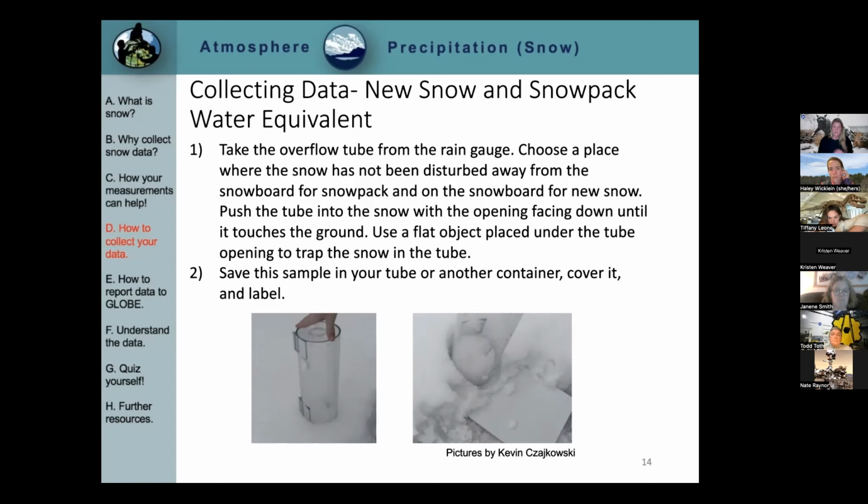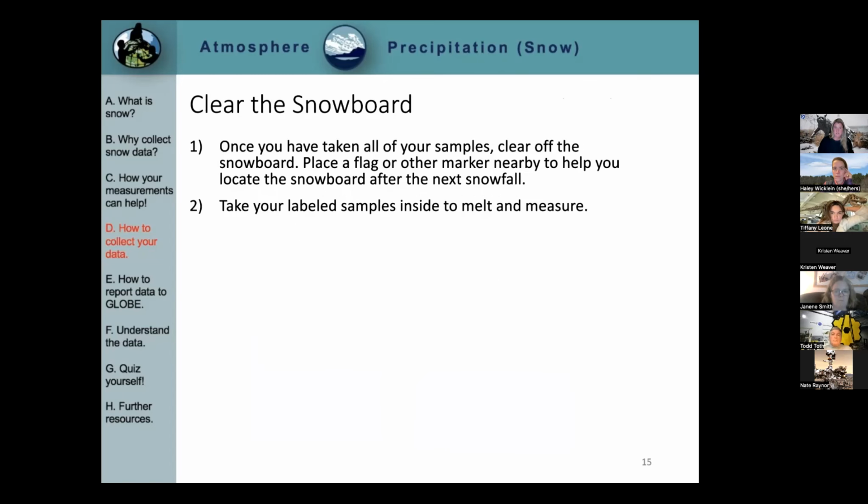And you flip it back upside down and you take it inside. So those are the two samples that you would take. You would take one from the snowboard, and then you would take one from your snowpack.